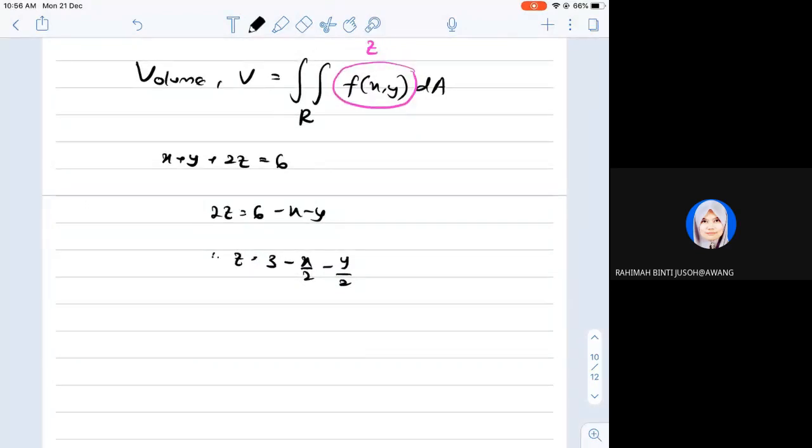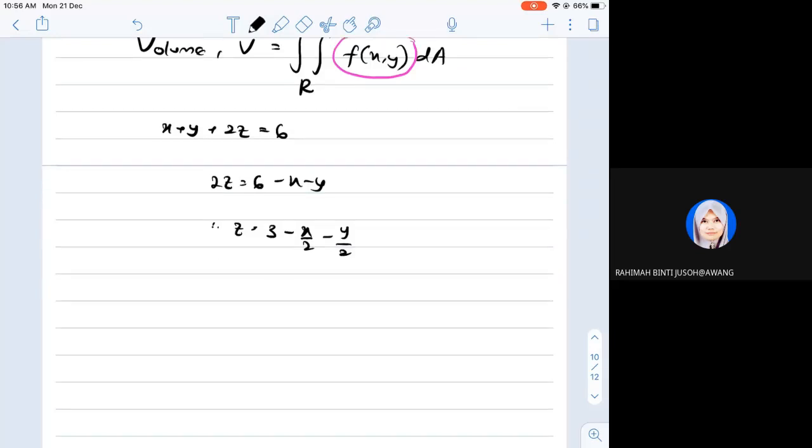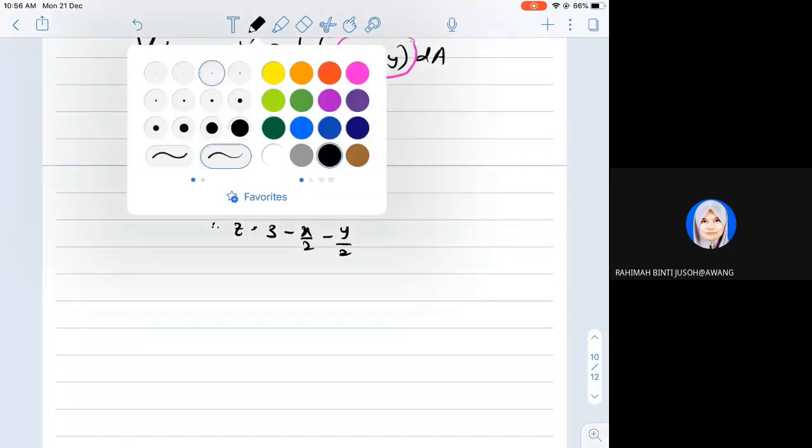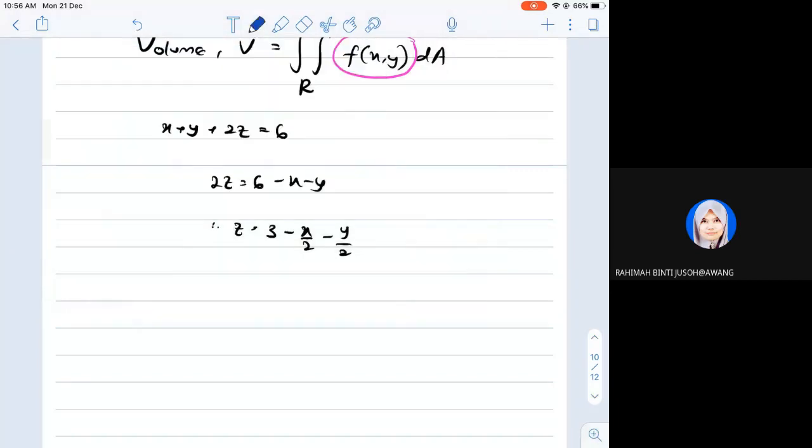All right, now the concept for this is, first of all, let us sketch the region. We start with the 3D region. x plus y plus 2z equals 6. So we have x over 6 plus y over 6 plus z over 3 equals 1.